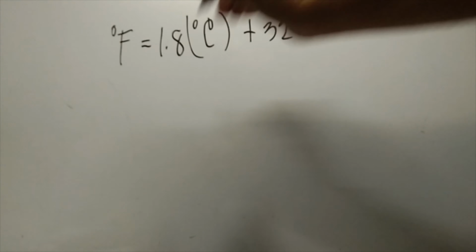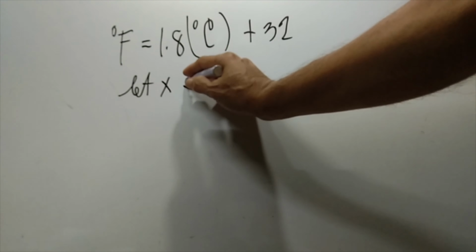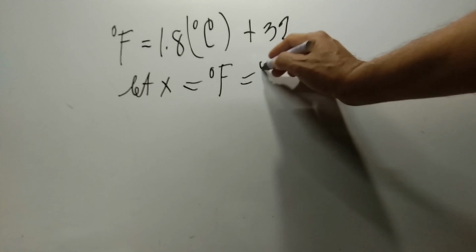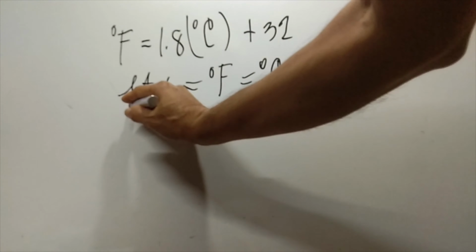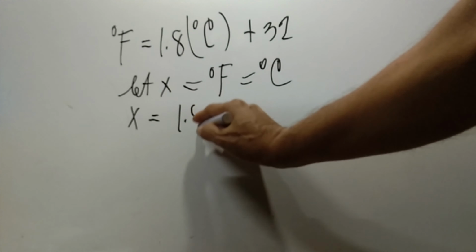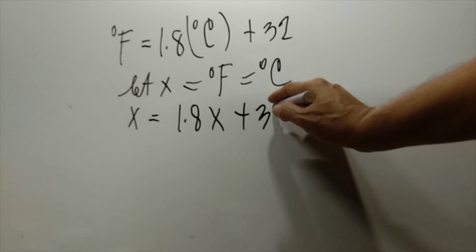So, we will let x be equal to degrees Fahrenheit, which is also equal to degrees Celsius. So we will now substitute x to the formula. So this will become x is equal to 1.8x plus 32.